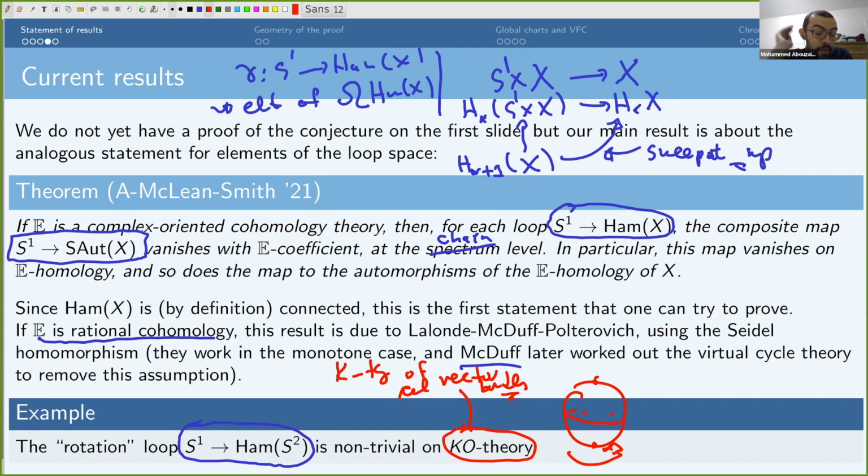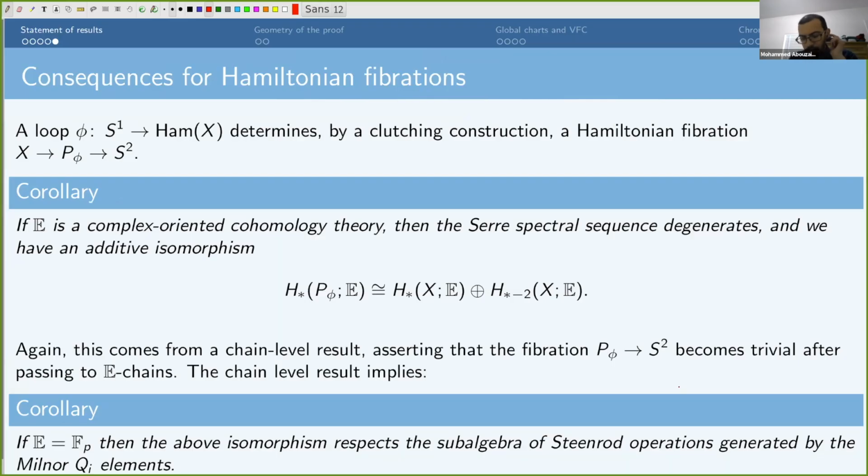So anyway, it's not true that the map to the stable automorphism group of X is trivial, because that map is not null. You can detect it using real K-theory. And so it seems that the best we can do is this statement about complex oriented cohomology theories. Okay, so then I'm going to state a couple more results, and then pause for a second for questions.